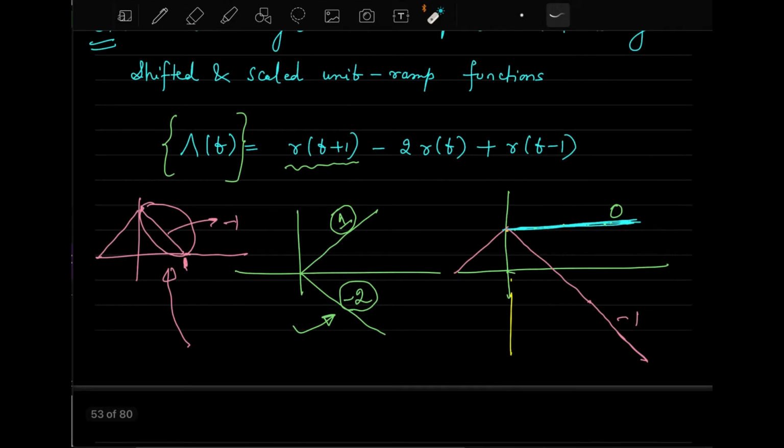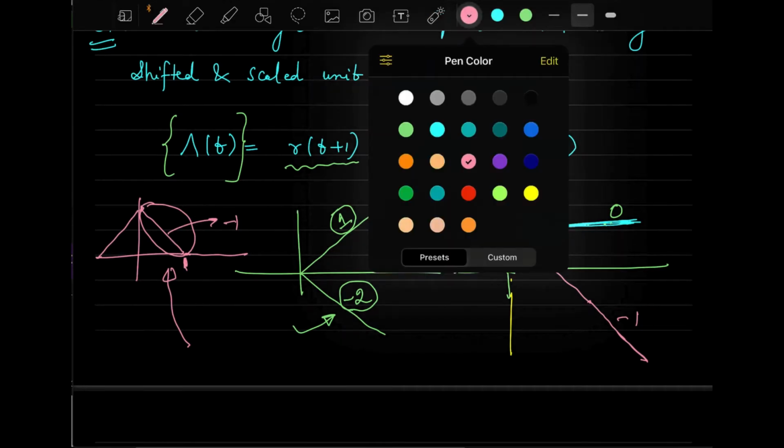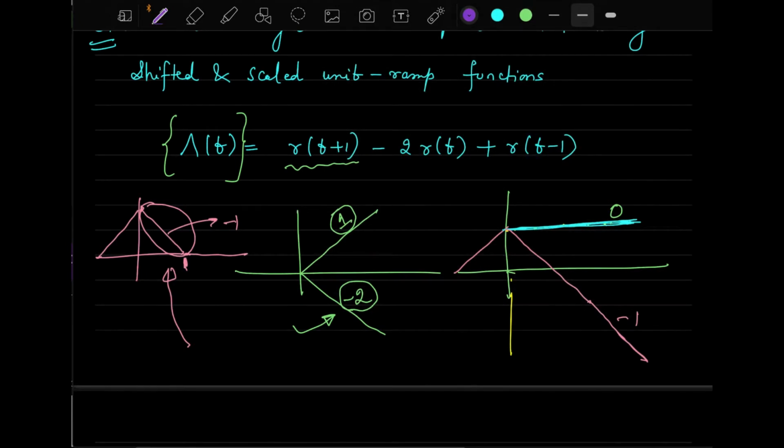It is like a signal which is in this way. So your r of t minus 1 is like this, having a slope of 1 starting at 1.